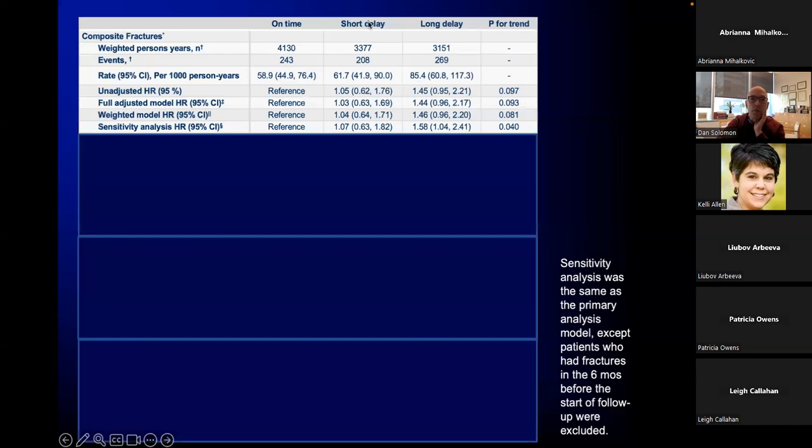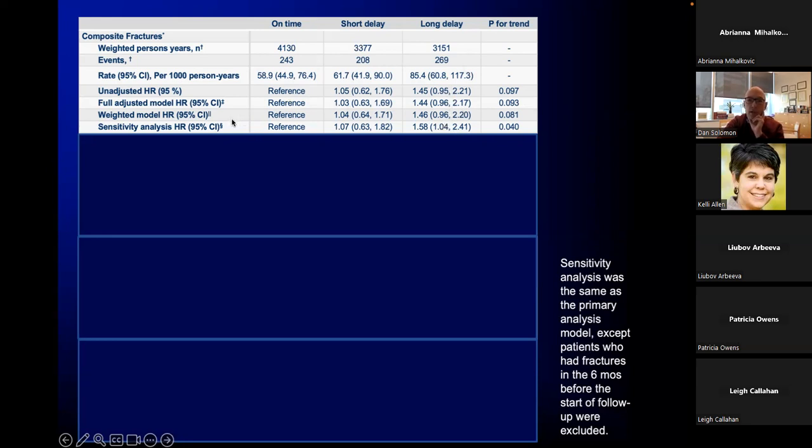So this is the results table. You could see that there's the unadjusted hazard ratio 1.45 for long delay compared to on time. The short delay did not show a significant increase in anything. And there was borderline significance in a lot of things.